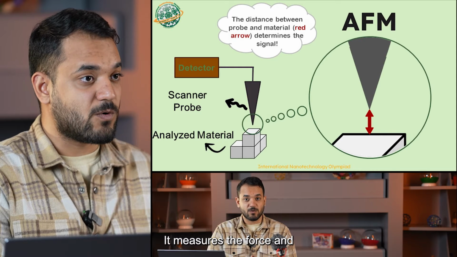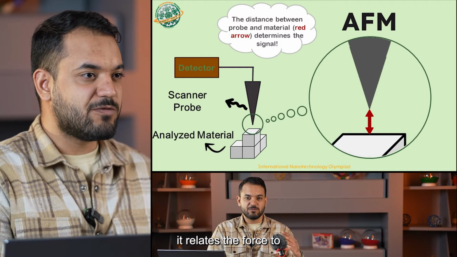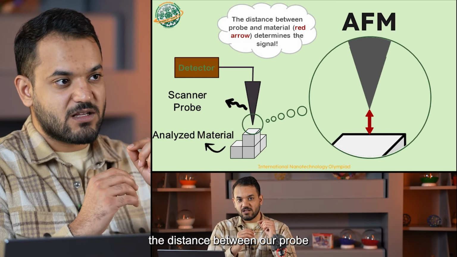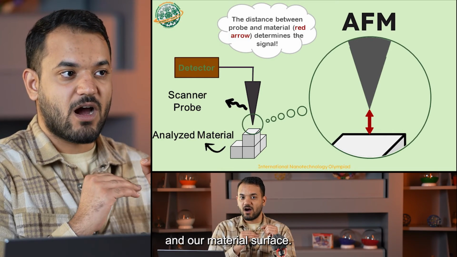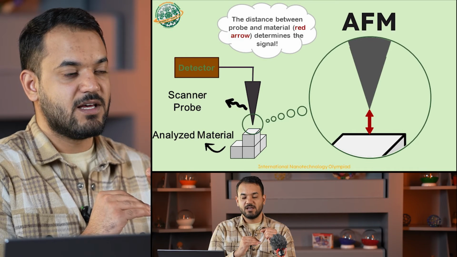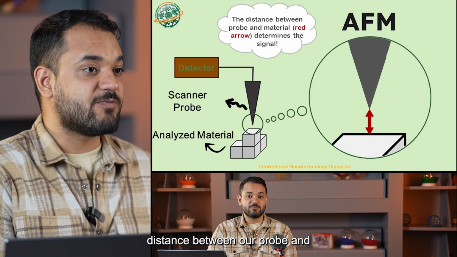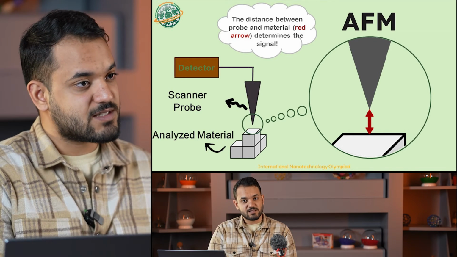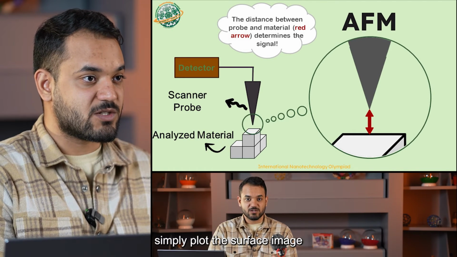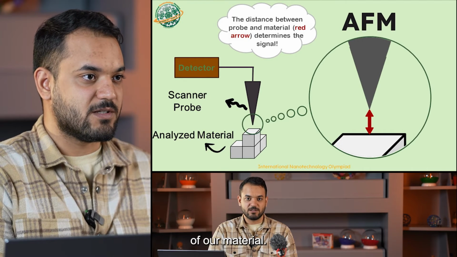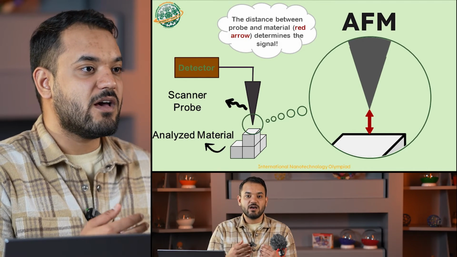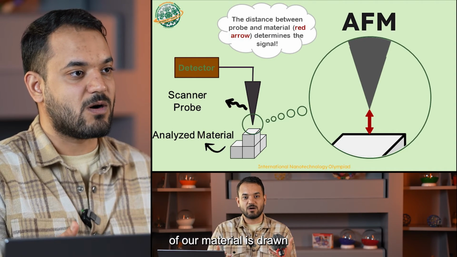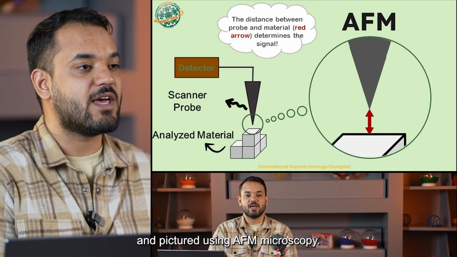It measures the force and it relates the force to the distance between our probe and our material surface. And if you know the distance between our probe and the material, then you can simply plot the surface image of our material. And that's how a realistic image of the surface of our material is drawn and pictured using AFM microscopy.